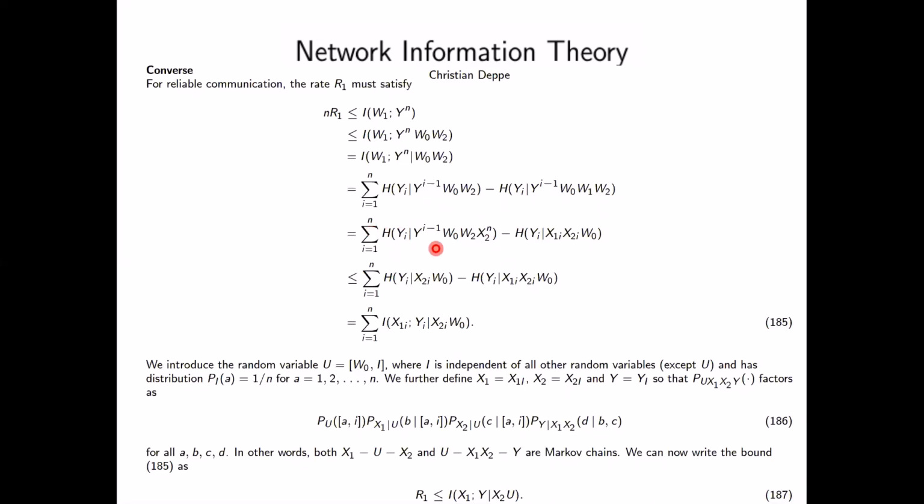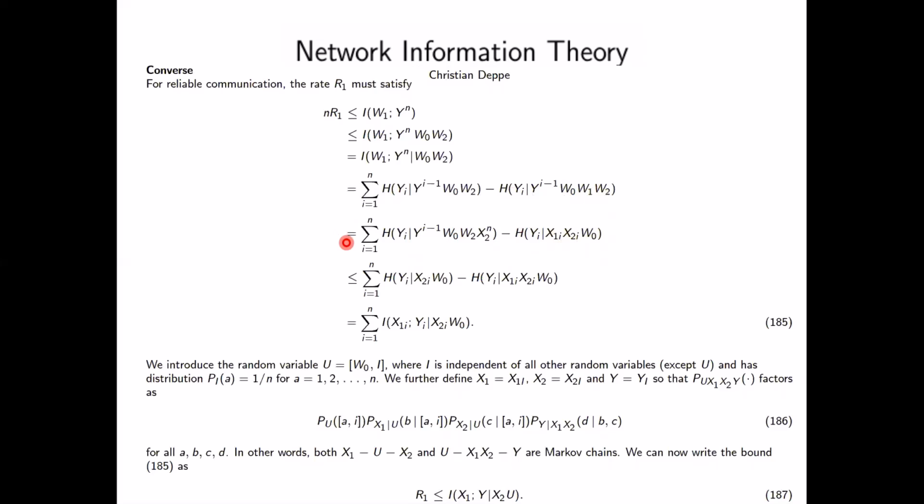So it doesn't change the value here. Here we know that yi doesn't depend on yi to the minus 1, and x1 and x2 are functions of W0, W1 and W0, W2, and we can replace here this with this. So we are back with this formula.